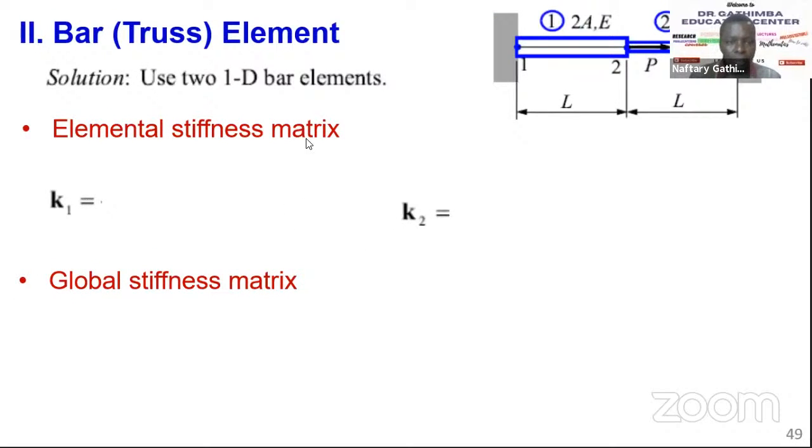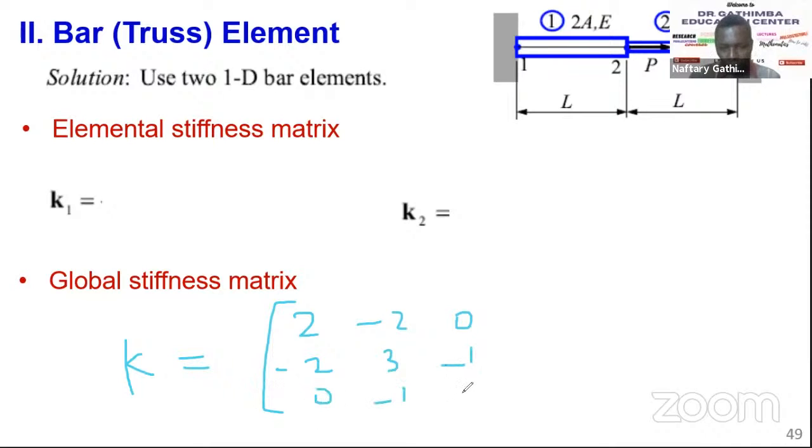I hope you are working it out, you are almost through with it. We are going to have K equals 2, minus 2, 0; minus 2, 3, minus 1; 0, minus 1, 1. You can confirm that. This is the global stiffness matrix.